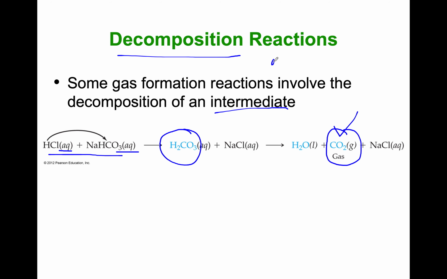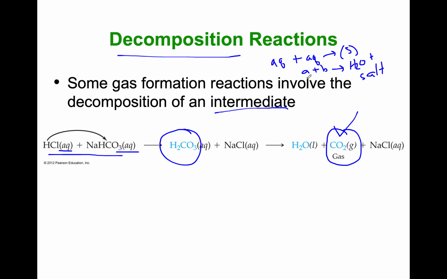Remember, precipitation was aqueous plus aqueous gets you a solid. And acid plus base, what did that give you? That was water and a salt. So we're just classifying general reactions, generally acids and bases.